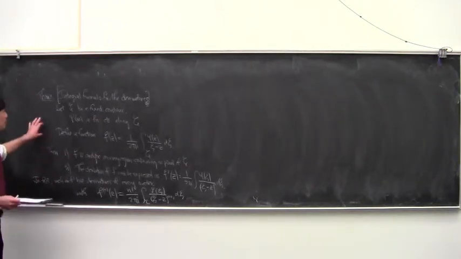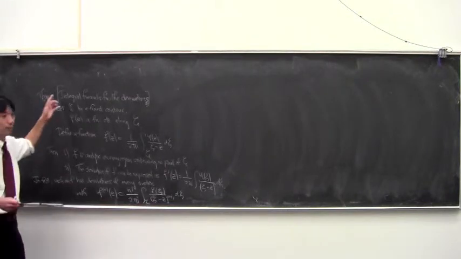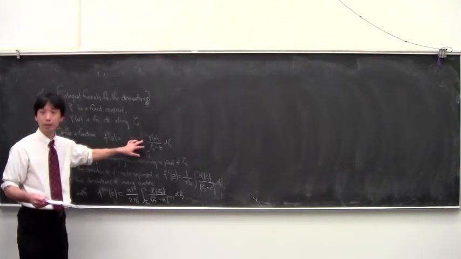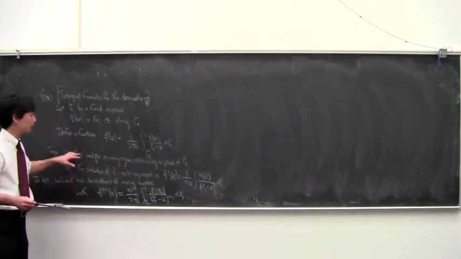Okay. So the previous theorem was saying that if you have an analytic function, then there's an integral formula for that analytic function. This is stated a little bit differently.